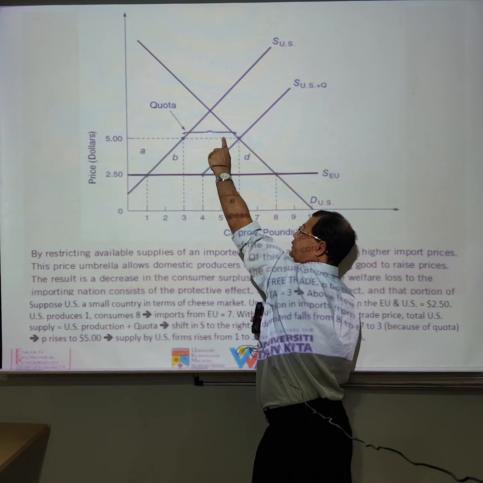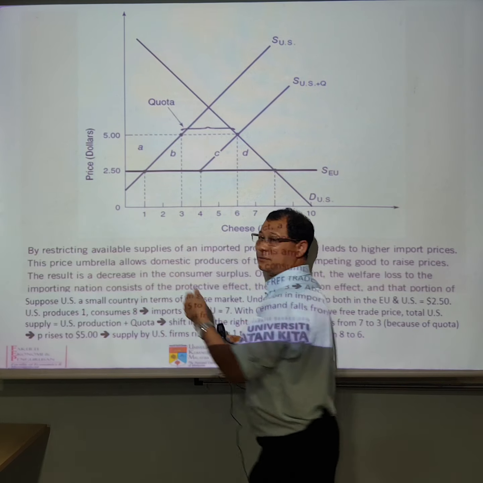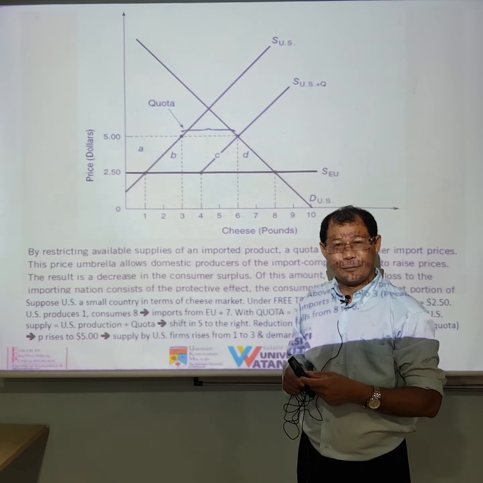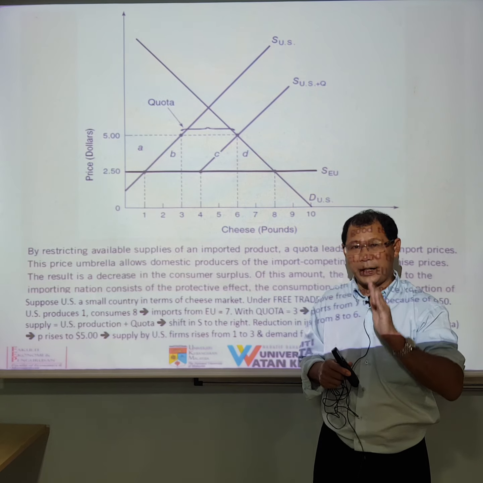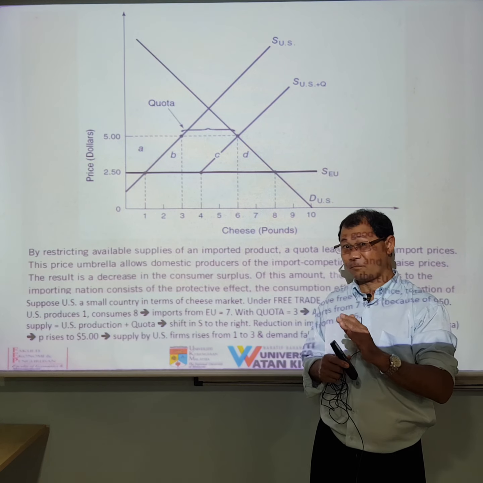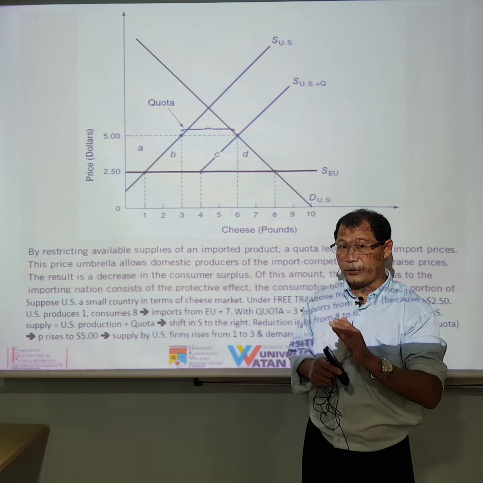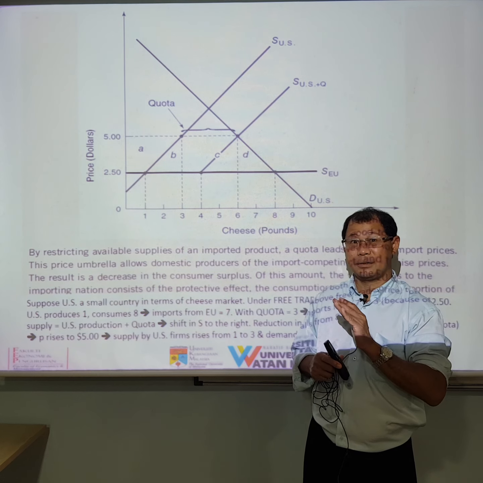So we draw this line. It's $5. We know it later. With a quota, we do not know the price ahead of time.